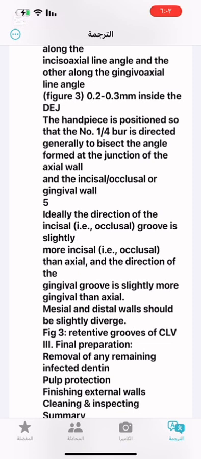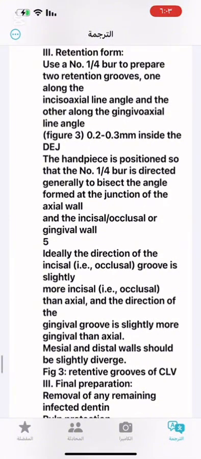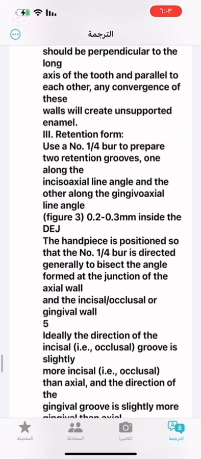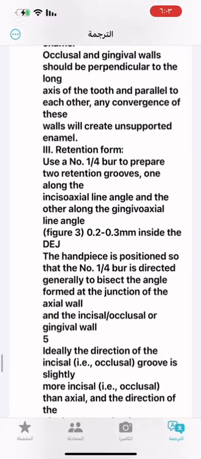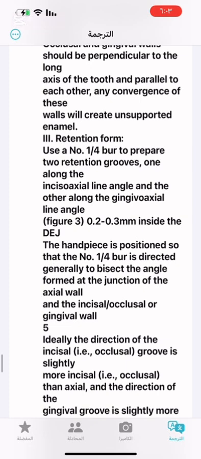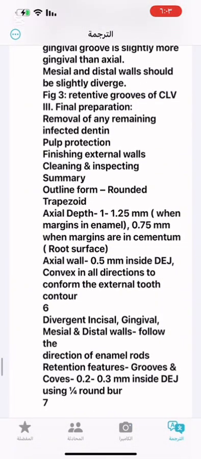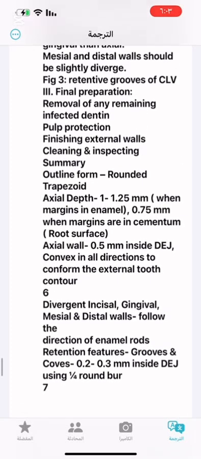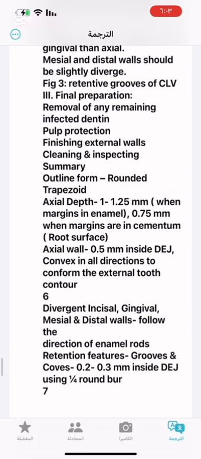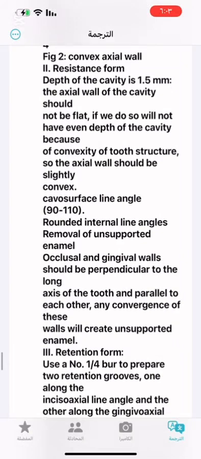incisogingival-occlusogingival contours of the facial surface of the tooth, it will usually be convex in both directions as shown in Figure 2. The mesial, distal, gingival, and incisal walls of the tooth preparation are perpendicular to the external tooth surface to keep the cavosurface angle 90° and to follow the direction of enamel rods.